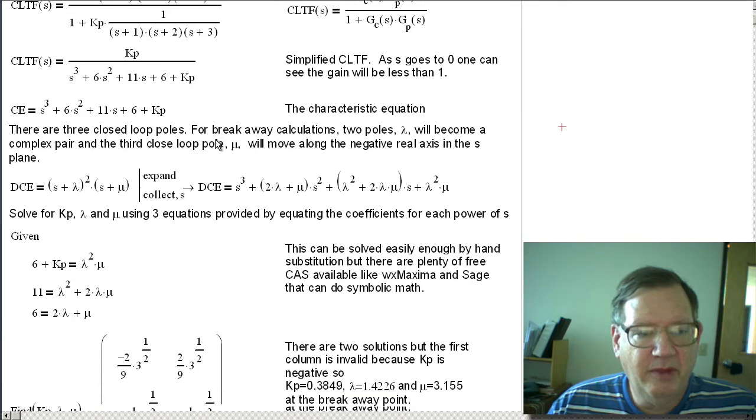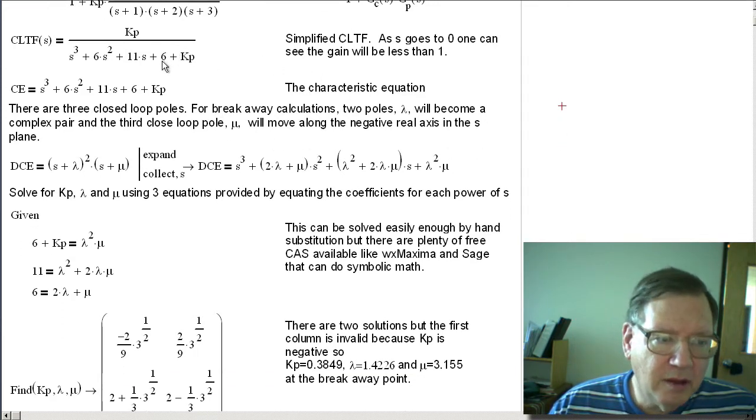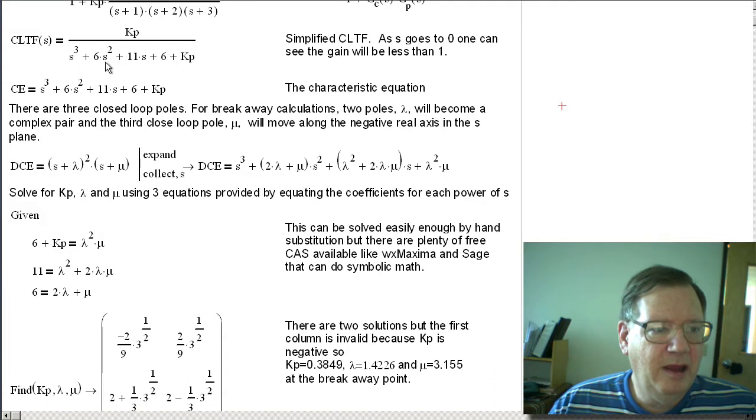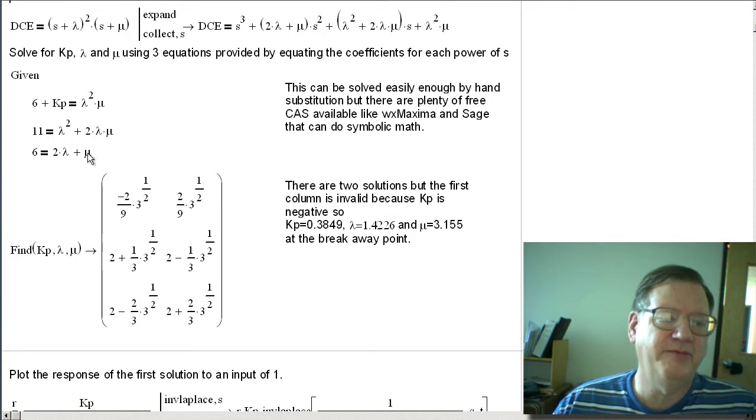So the first step is to equate 6 plus p with lambda squared times mu, and then equate 11 to this value and 6 to this. So I have 3 equations, 3 unknowns, and it's very easy to solve this by hand.